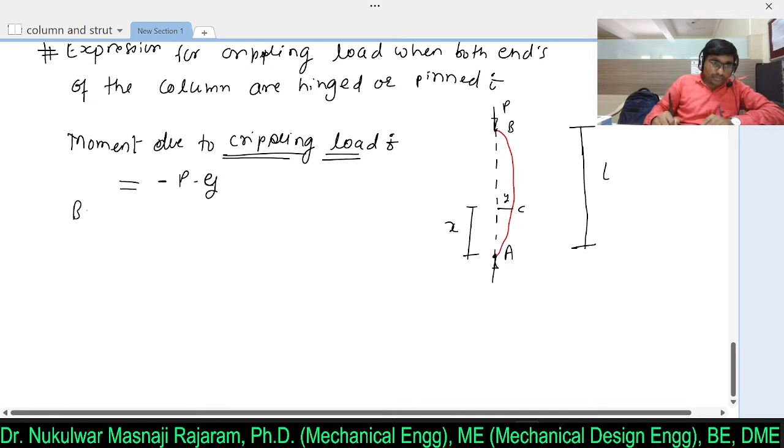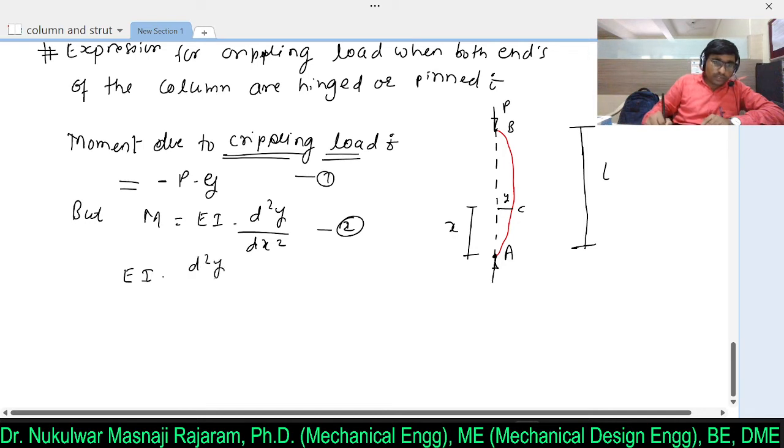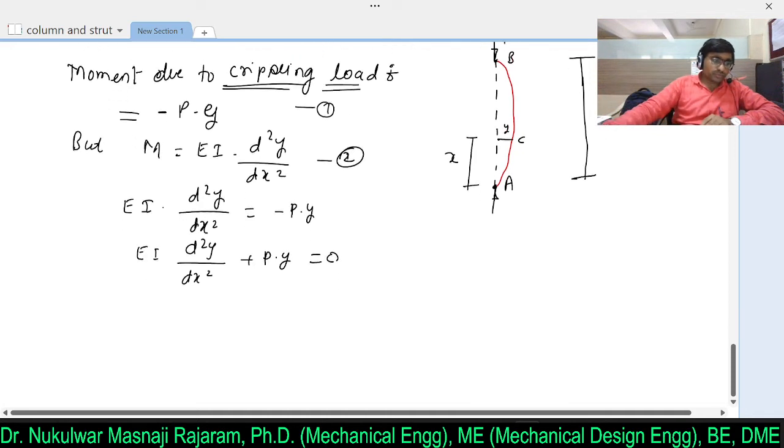Simple. But as we know, moment is nothing but EI d square y divided by dx square. Simple. So from equation 1 and 2, if I equate, then I can rewrite: EI d2y divided by dx square will be equal to P into y. If I take it in this direction, then I will get d2y divided by dx square plus P into y equal to 0.